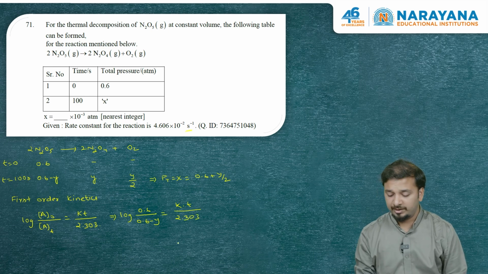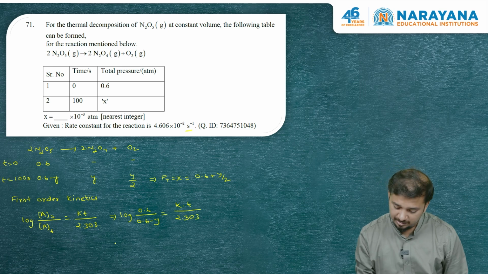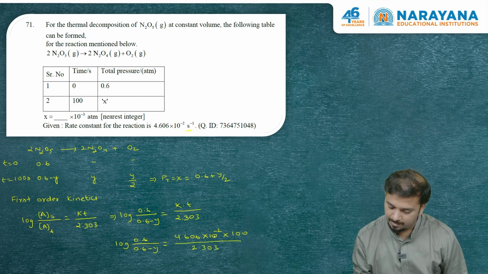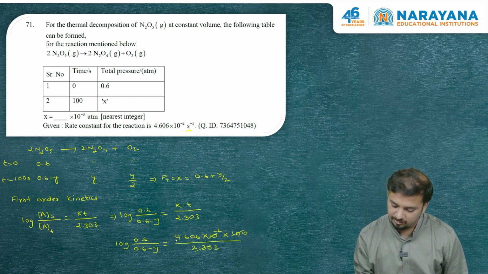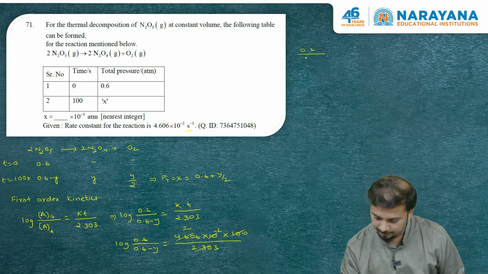Now in this case, if this given rate constant is effective K for this reaction, then we'll get log of 0.6 upon 0.6 minus y, that is equal to 4.606 into 10 raised to the power minus 2 into time 100 divided by 2.303. So this is cancelled out. This will become 2. So we'll get 0.6 upon 0.6 minus y, that is equal to 10 raised to the power 2, which is 100.